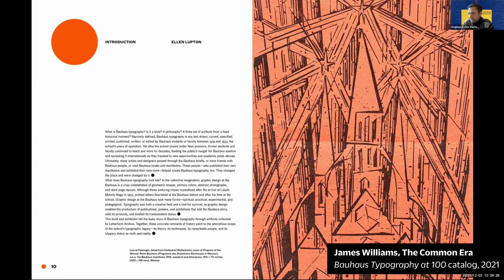So here's just an example of FF Bau in use for the catalog. And it beautifully sets the tone for doing exactly what the Bauhaus did with their typography, which was just convey the message and let the work come to the fore and get the attention.